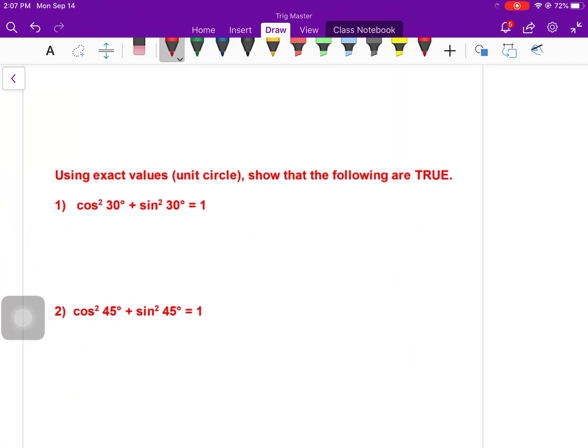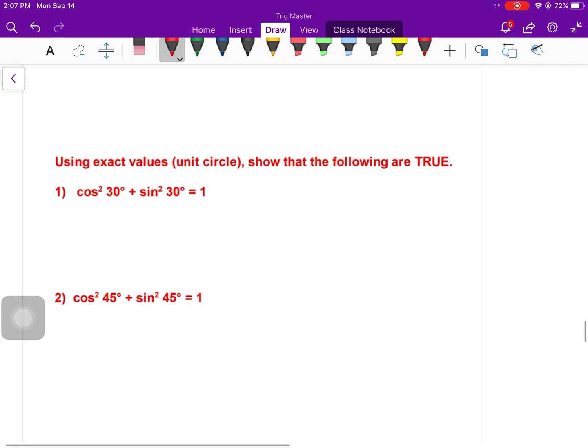So using the exact values, those are the things we just used, those fractions. We want to show that these things are true. So this number 1 says cosine squared of 30 degrees plus sine squared of 30 degrees equals 1. So cosine squared of 30 degrees. What is cosine of 30 degrees? And then squared.